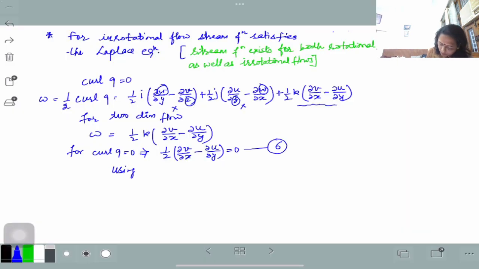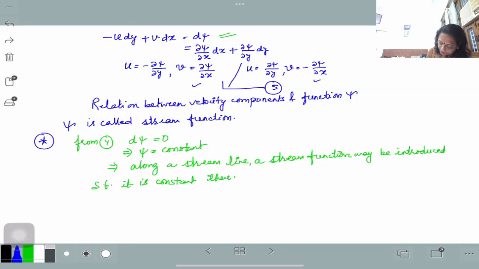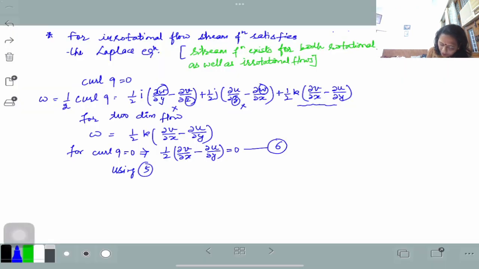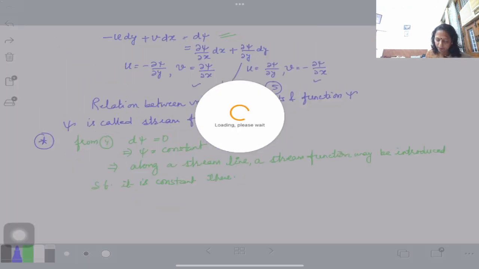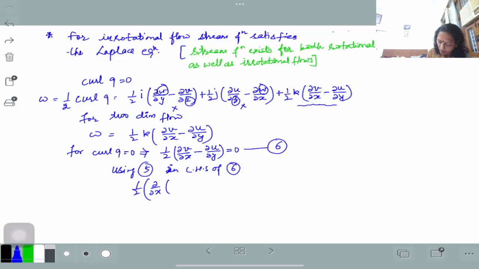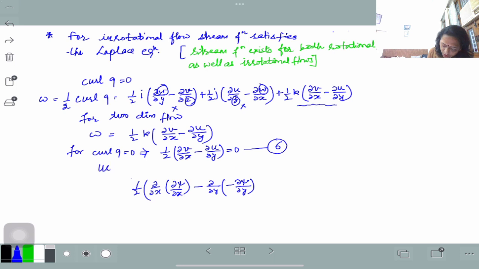So using 5 in 6, on the left-hand side of 6, I get half of ∂/∂x of v, where v was ∂ψ/∂x, minus ∂/∂y of u, which is minus ∂ψ/∂y.